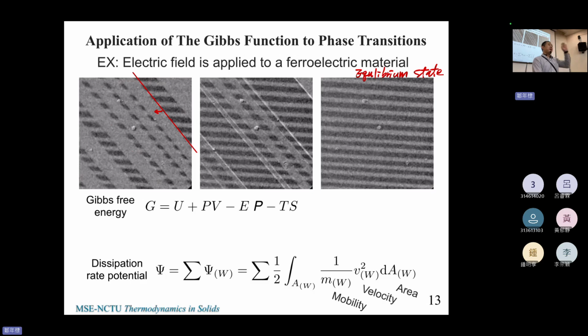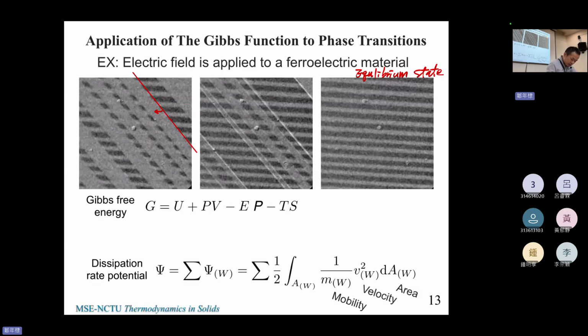And when the non-mechanical work is applied, it means there is more available energy, Gibbs energy available, and then the Gibbs energy will be used to move the domain wall to achieve phase transition. Okay, so the Gibbs energy can be written down like this: G = U + PV - TS, of course, but minus EP. So now you know this is non-mechanical work.